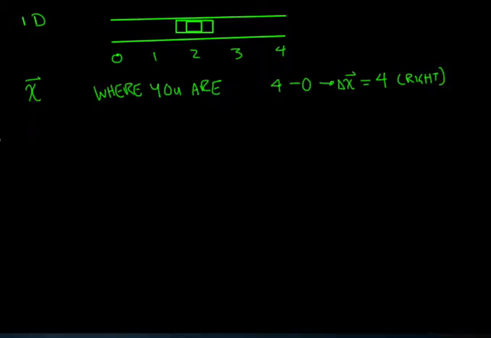So, a vector has a magnitude, that's a number, and a direction. Now, the direction for 1D, imagine this car is moving.